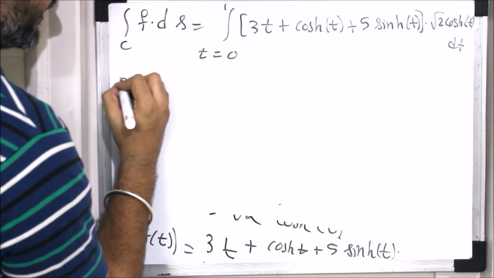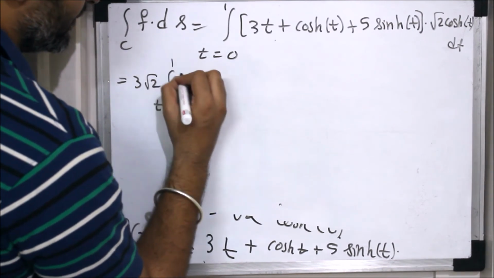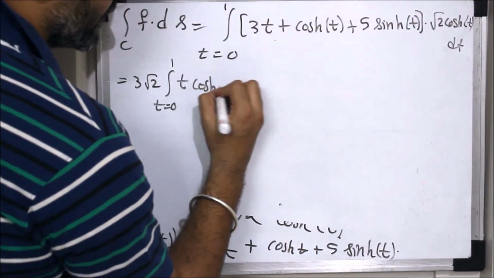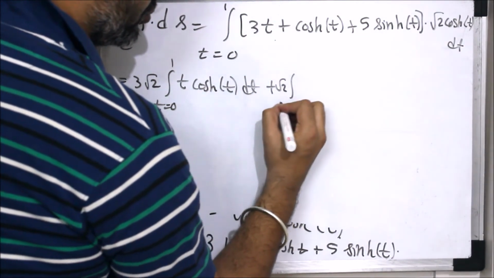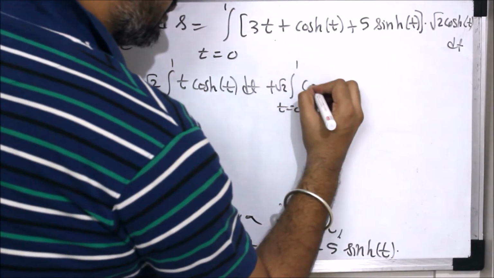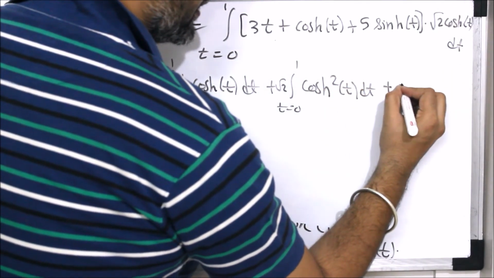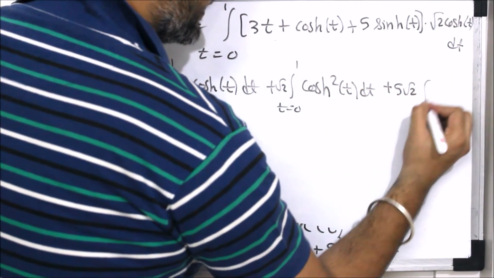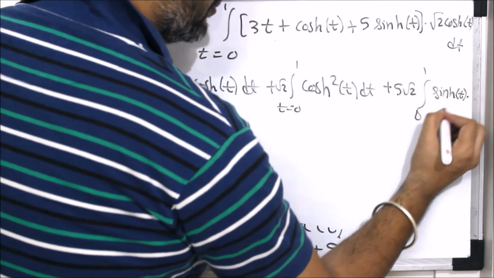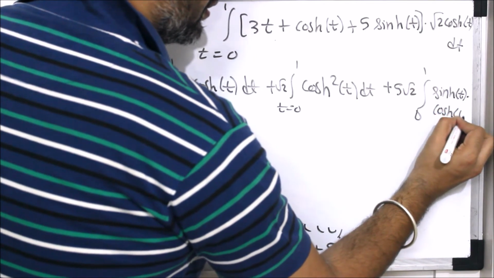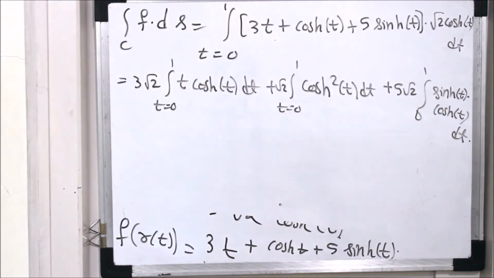You take this inside, and it will be 3 root 2 integration t from 0 to 1 of t times cos hyperbolic t dt, plus root 2 integration t from 0 to 1 of cos square t dt, plus 5 root 2 integration 0 to 1 of sin hyperbolic t into cos hyperbolic t dt. So this is what I get when you multiply it inside.